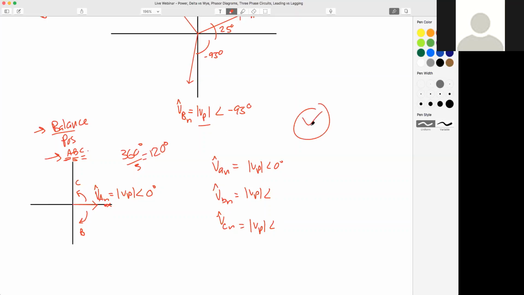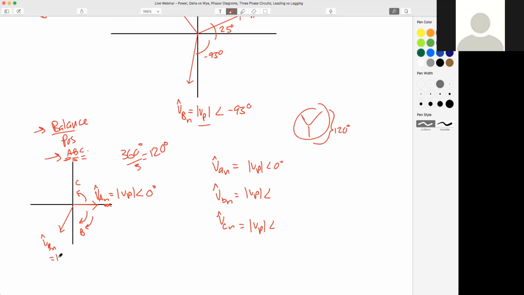If we had a big pizza pie and divided it by 3 slices, we would have 3 slices that were exactly 120 degrees. So I need to go this way by 120 degrees to get my VBN.